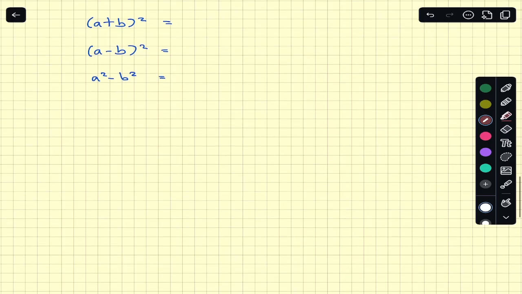So here, when you've got a term in brackets and it is squared, like we've got here, A plus b all squared is how you would say that. I can rewrite this as a plus b times a plus b.